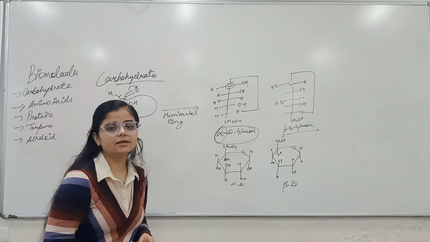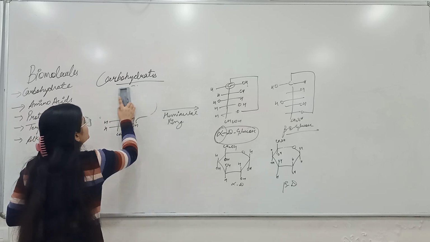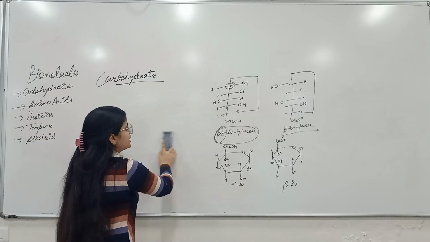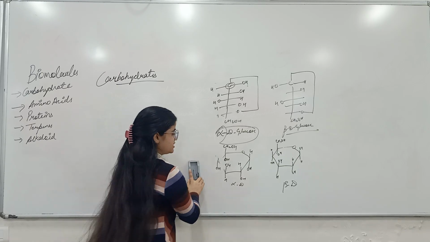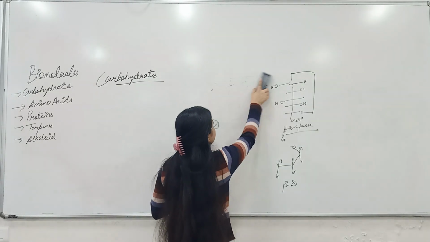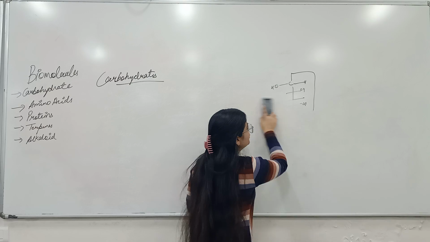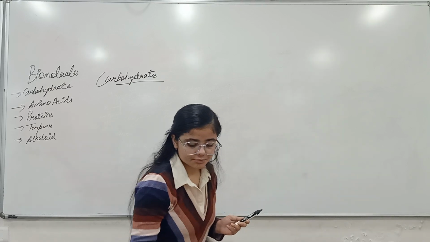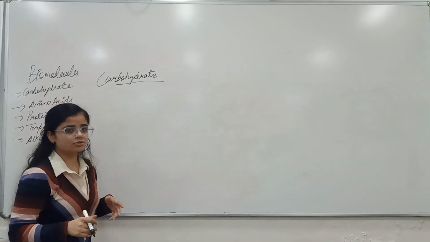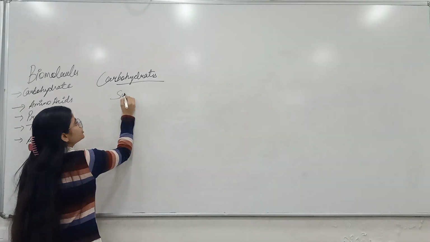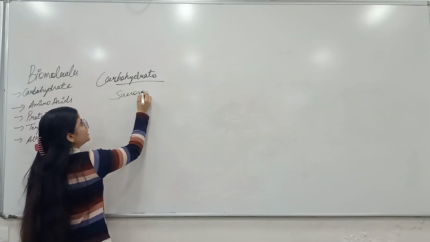Now we will be seeing how a disaccharide or polysaccharide unit undergoes hydrolysis to give its constituent units. So here we will be taking the example of sucrose again, that is known as table sugar found in everyday life.